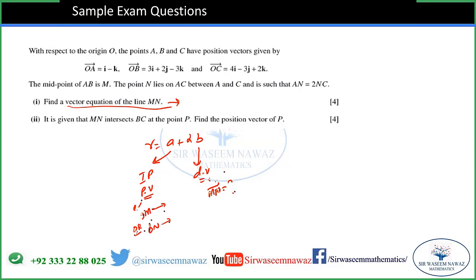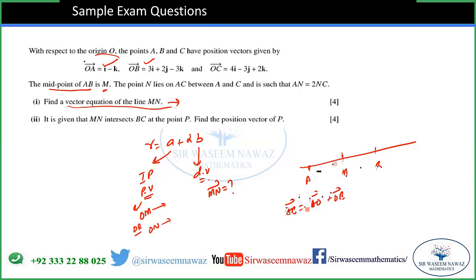Now if you see this question, the midpoint of AB is M. So this is our OA, this is our OB. If I make a line, this is point A here, this is point B here, and the midpoint is M here. So if you find AB, that is AO plus OB. You can write OA as AO, and this is your OB.